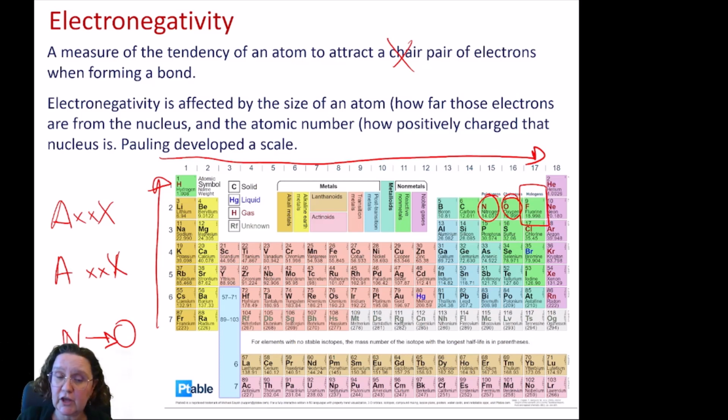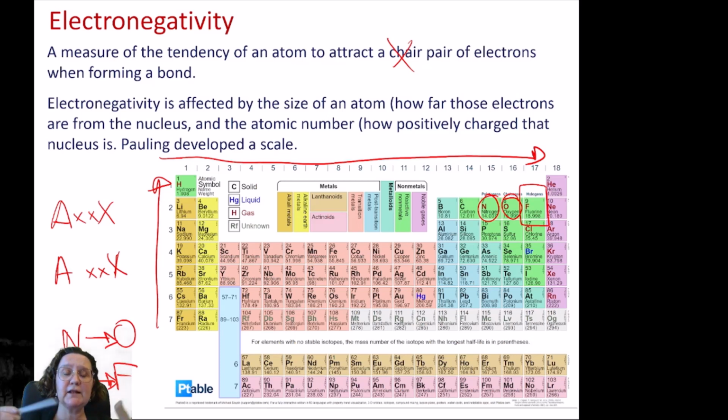They are being shared between both atoms, but they will spend more time under the sphere of influence of the oxygen. However, if you have a bond between an oxygen and fluorine, fluorine is smaller than oxygen, and it's stronger attracting the electrons from that bond.